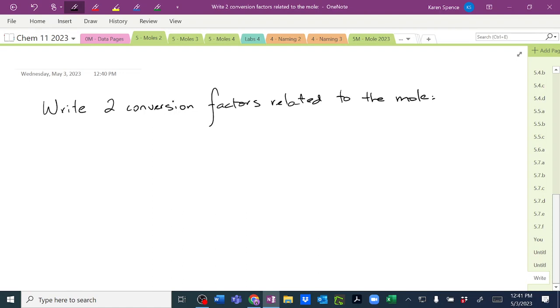So for those of you sitting there with no pen or writing implement or anything to write on, you need to get something with which to write and something to write on, and you need to write down 2 conversion factors related to the mole. Elijah, what are they?